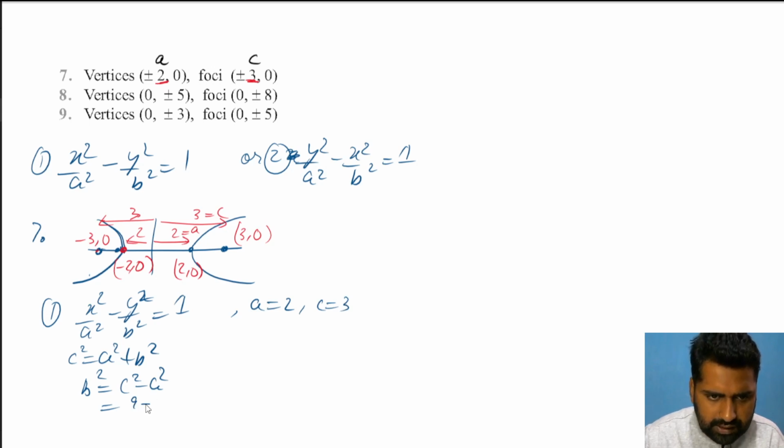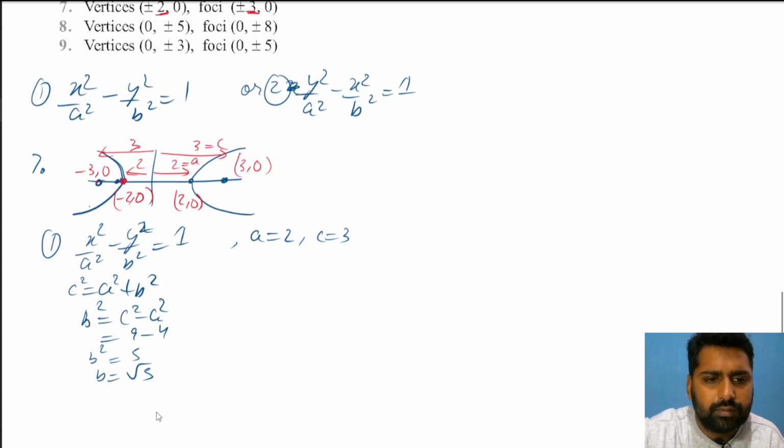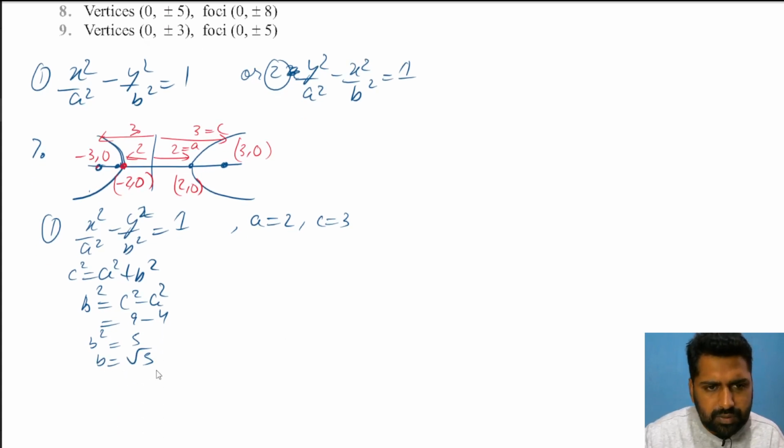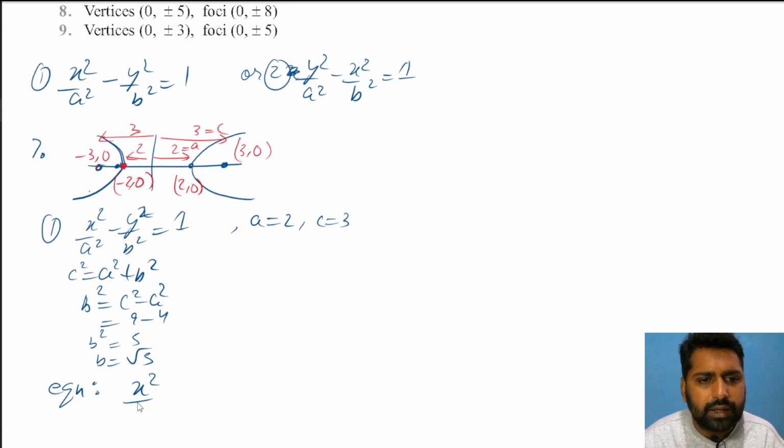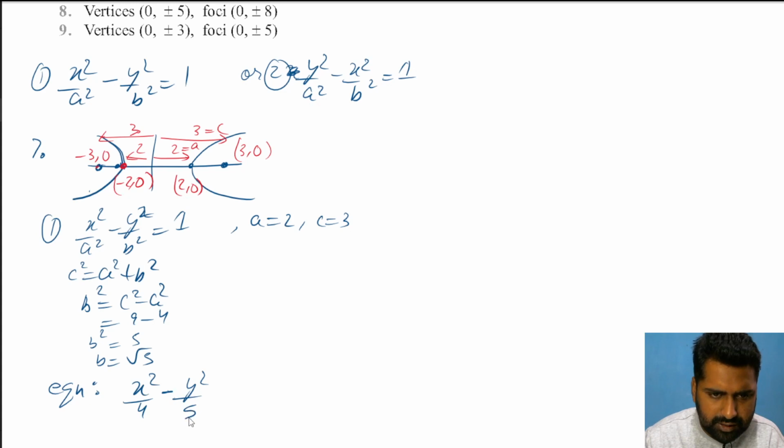So 3 square 9 minus A square 4, 5. B square is 5, B is root 5. Once you get B as root 5, I think now you know the equation. X square by A square 2, 4, minus y square by B square 5, equal to 1.